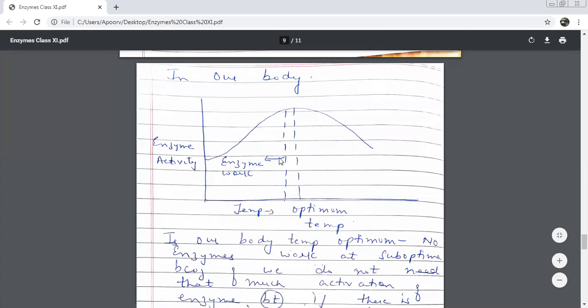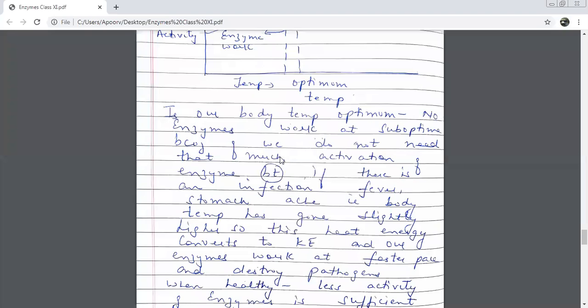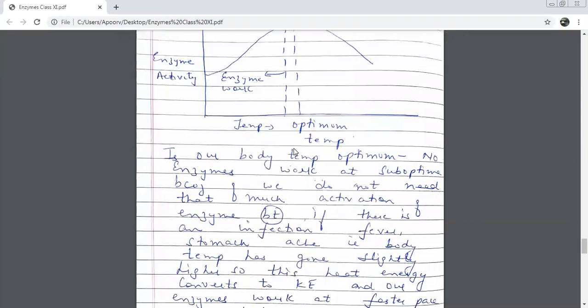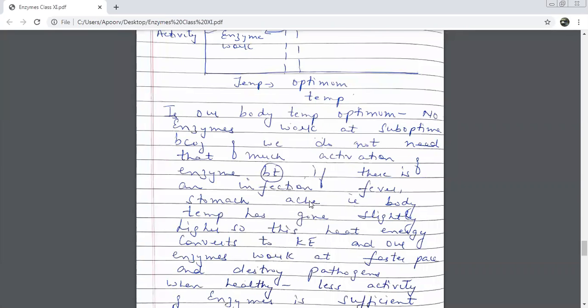But supposing you're not feeling well, and sometimes you say, I am feeling feverish. You often use this word. What do you say, beta? Supposing there is a stomach infection or you have stomach ache or fever, then what do you say? You say I'm slightly feeling feverish. Actually, what is that feverish thing?